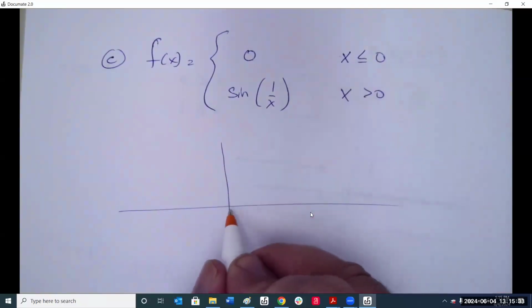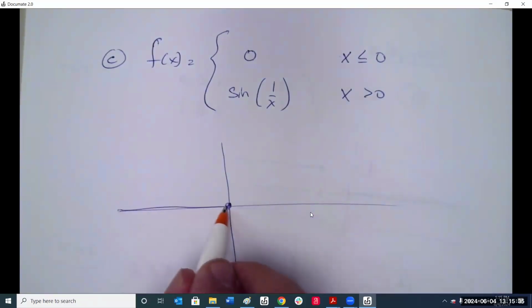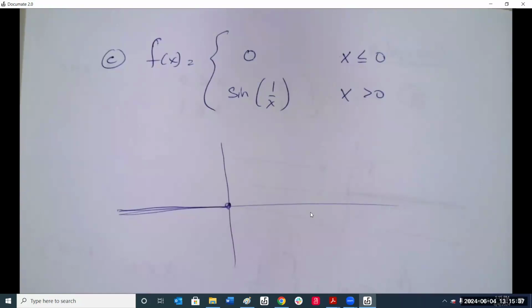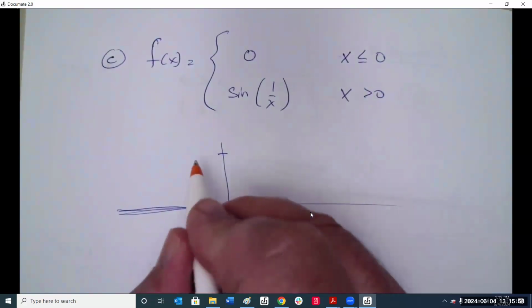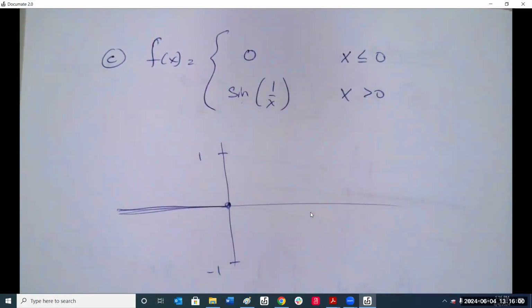So less than or equal to 0, it's 0. What about when it's greater than? It's still 0, right? Well, it's bounded by 1 and negative 1. There's a sine function.